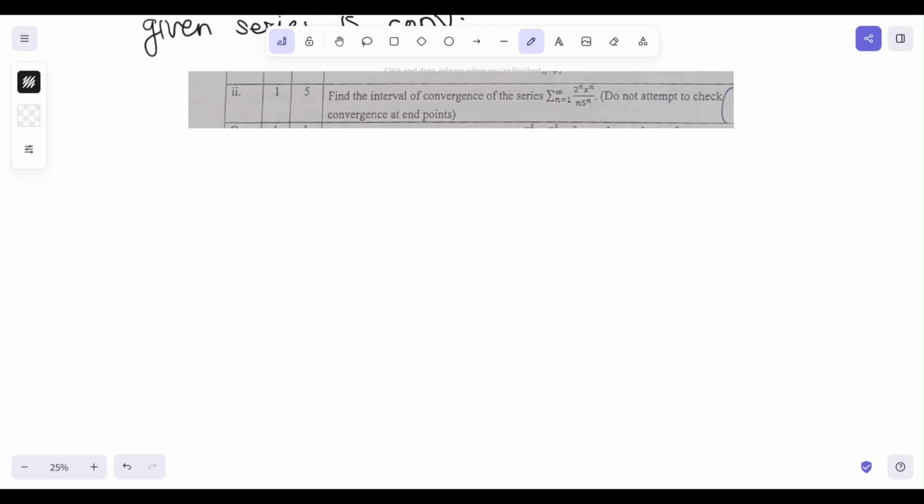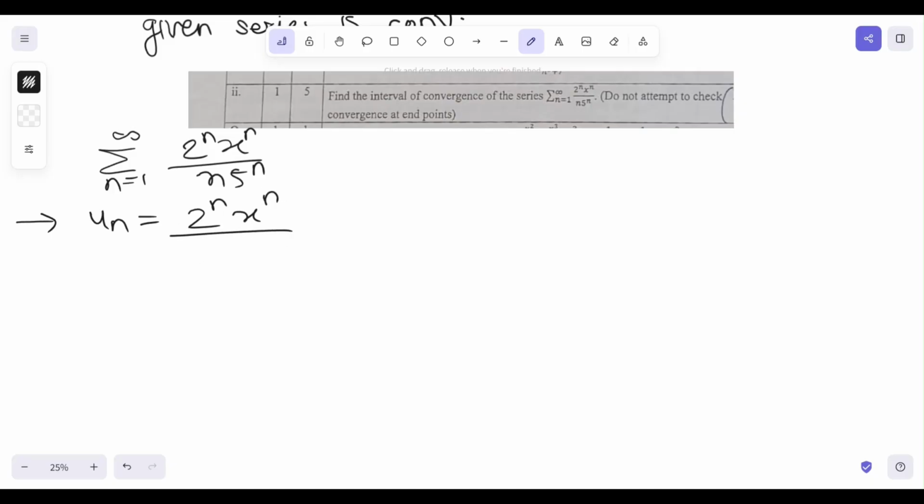So the given series is summation of n equals 1 to infinity, 2 raised to n, x raised to n, upon n into 5 raised to n. So here we are going to use the ratio test. So now let's first find out the un. So our un is nothing but the given series, that is 2 raised to n x raised to n upon n into 5 raised to n.